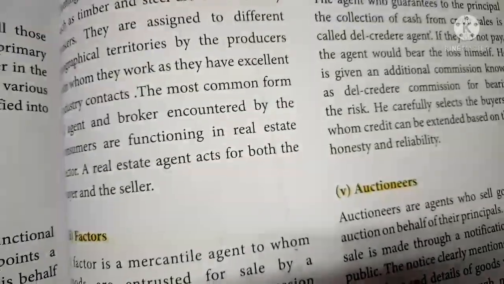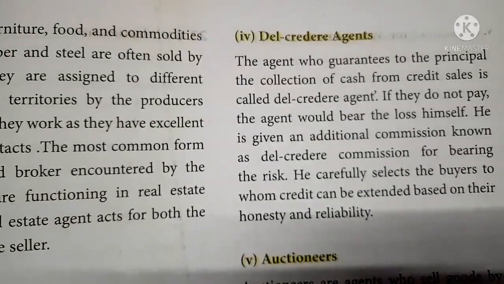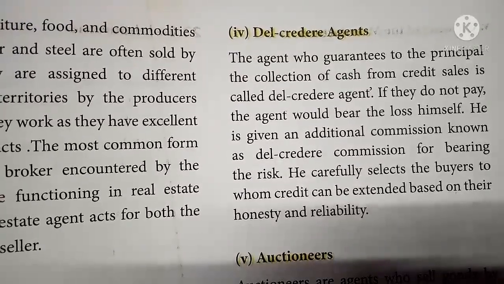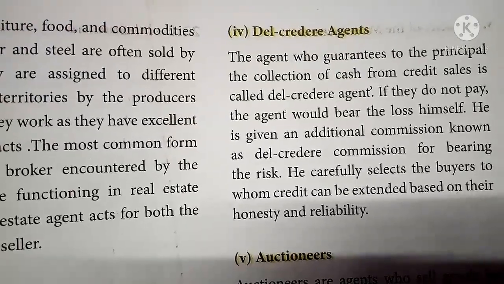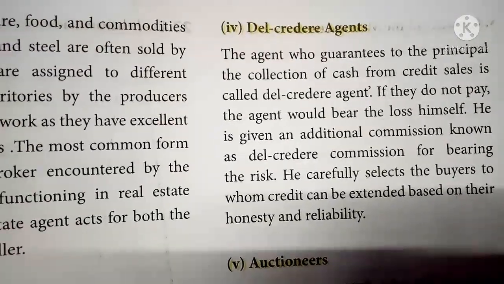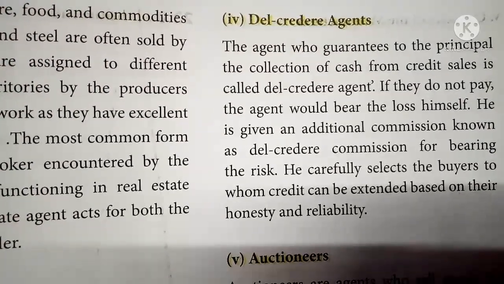Next, del credere agent. So del credere agent means he guaranteed to the principal for the collection of cash from credit sales is called del credere agent. So an agent who guarantees to the principal to collect cash while selling the goods on credit.